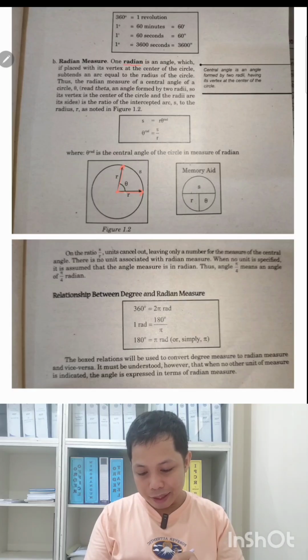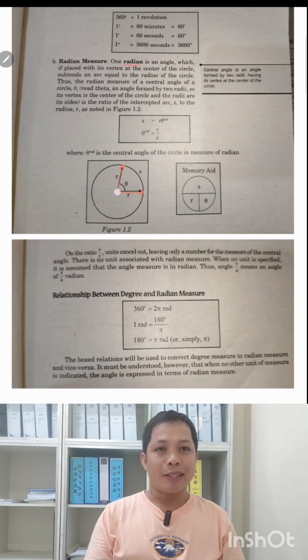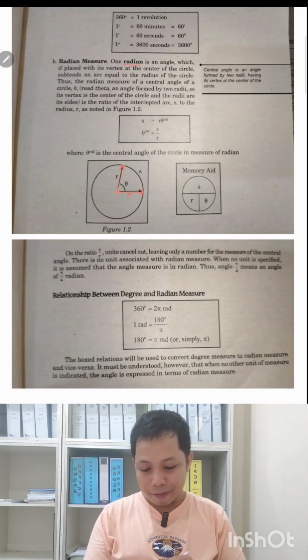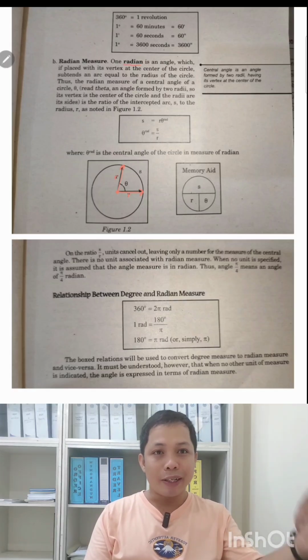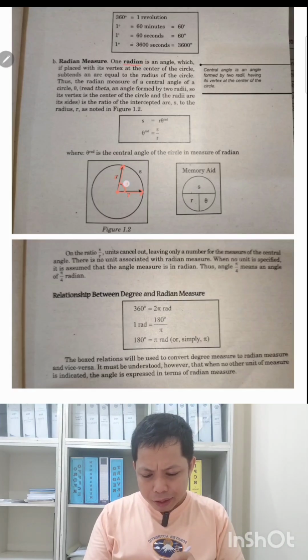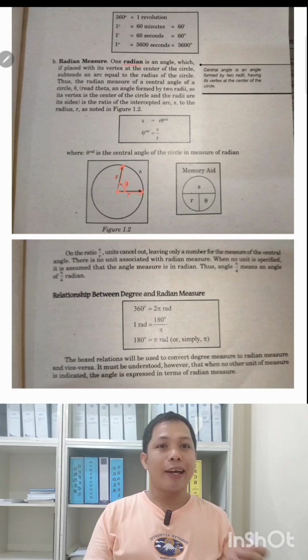So another radius, and so they meet at the center of the circle. So this is the vertex, and we have radius, radius, the two rays representing the radius. So this opening is theta, and we have intercepted arc S.